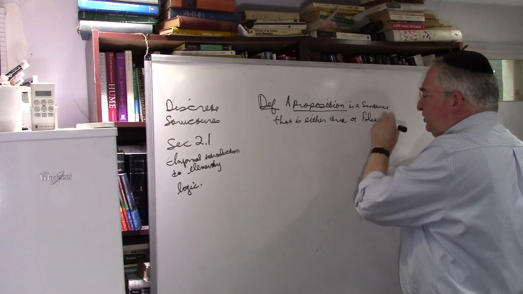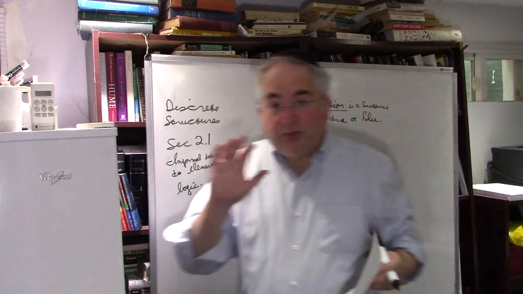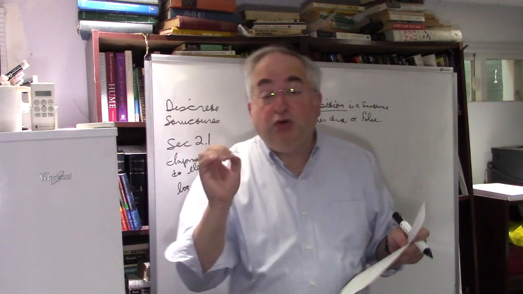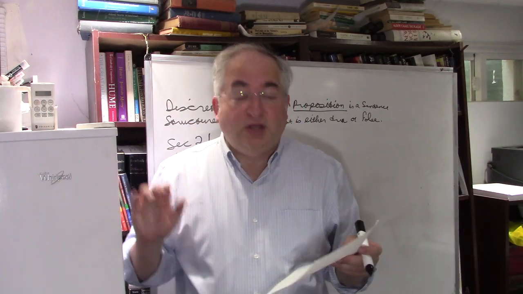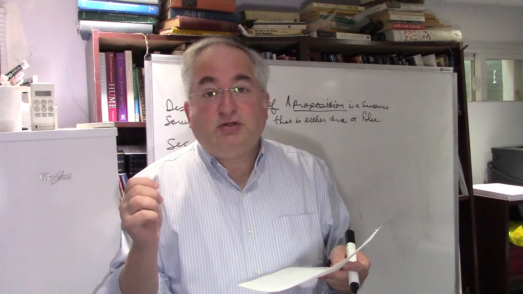It's one or the other. Logic deals with this true or false, 1, 0. Computers deal with 1, 0, true or false. So this is going to be central to all of that. Okay? So things are either true or false.